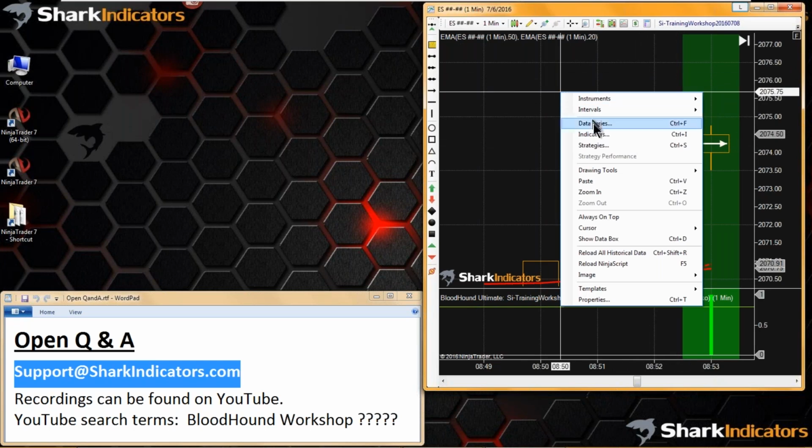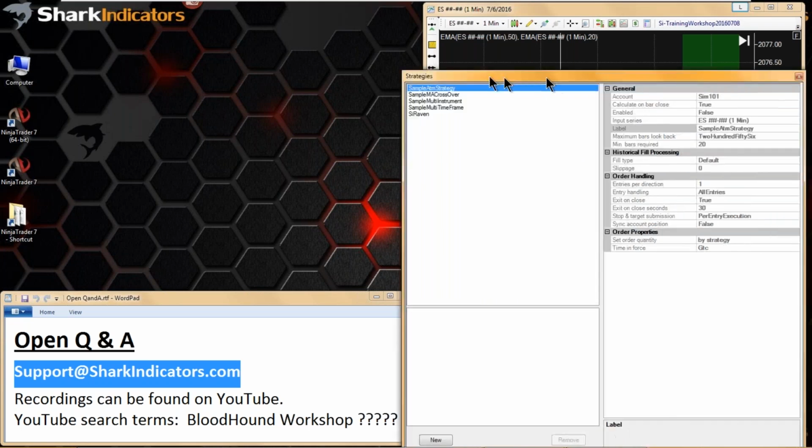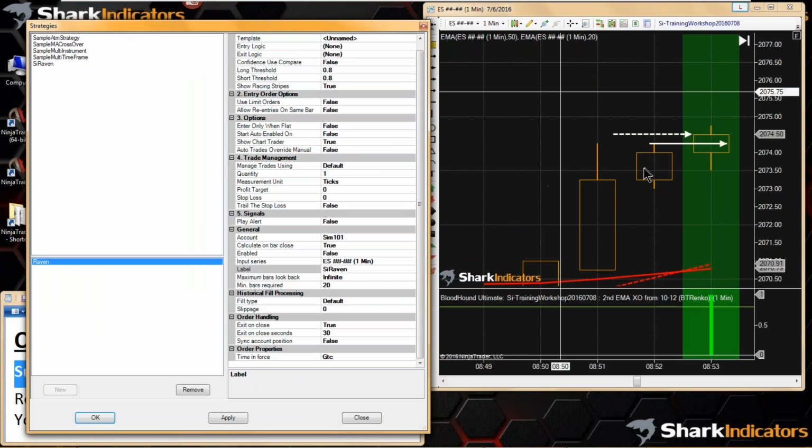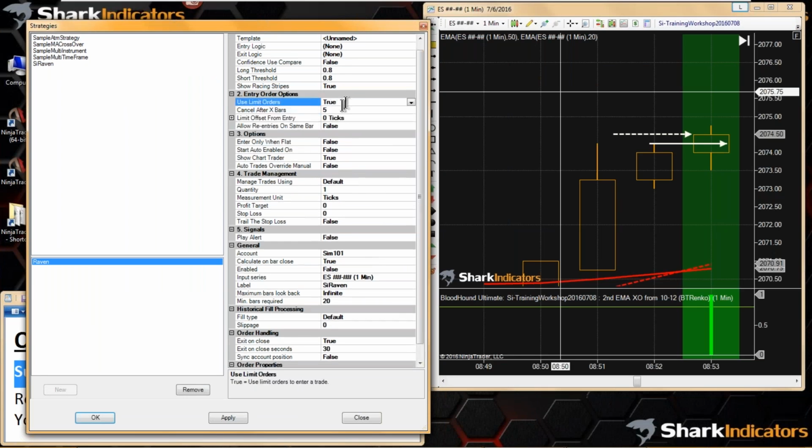All right, let's go back into the strategy. It's too bad I can't leave the strategy window open and work on the chart at the same time, so I'm going to have to keep going back and forth. All right, so we got our limit orders turned on.